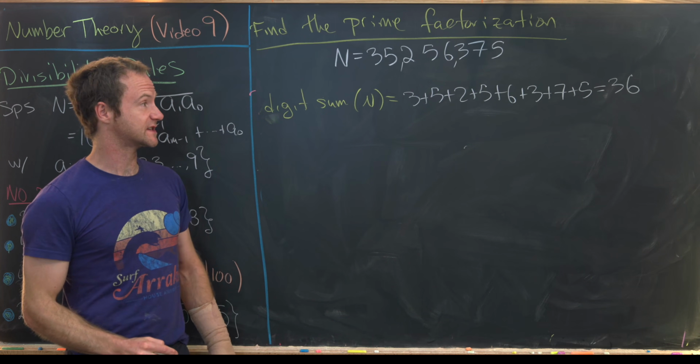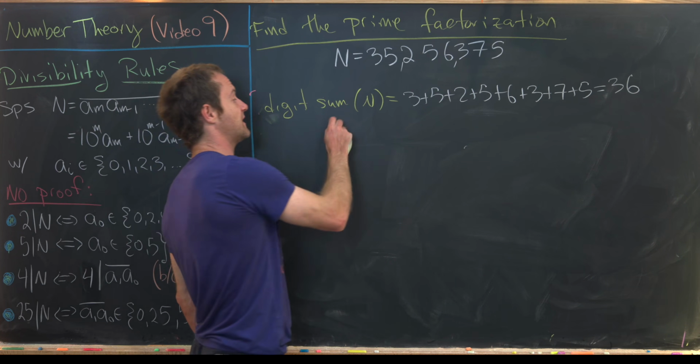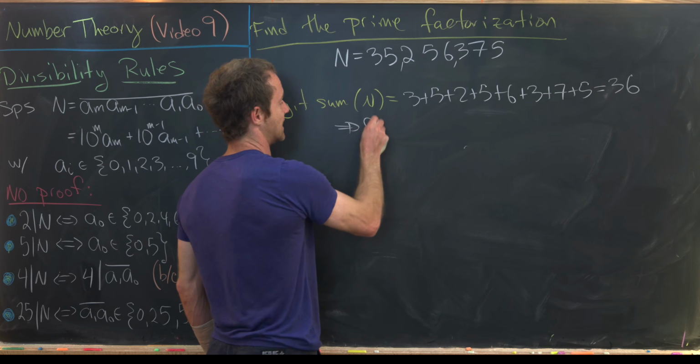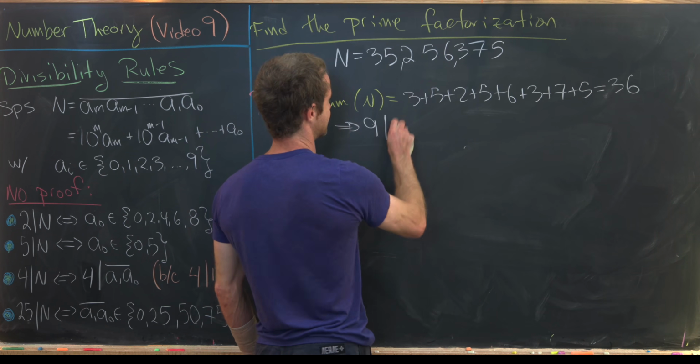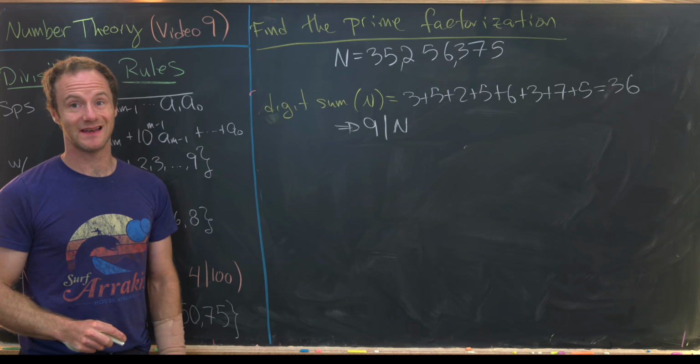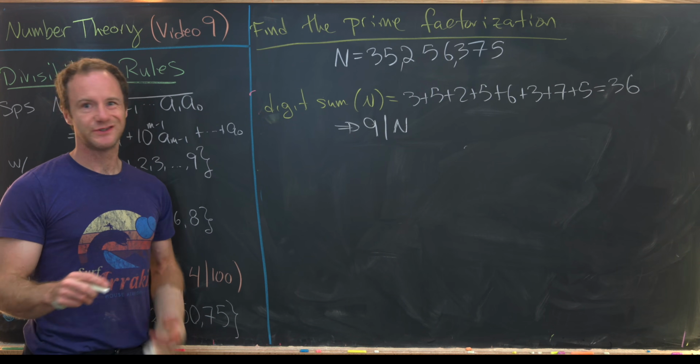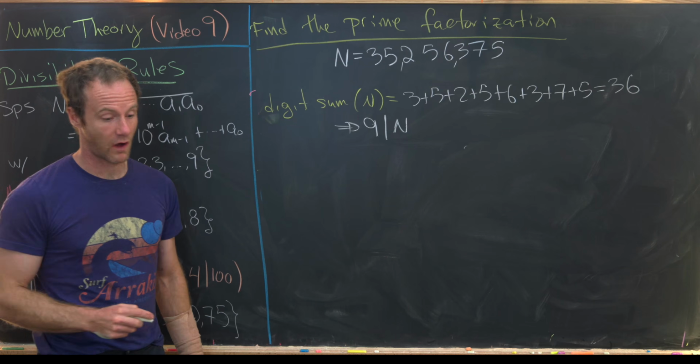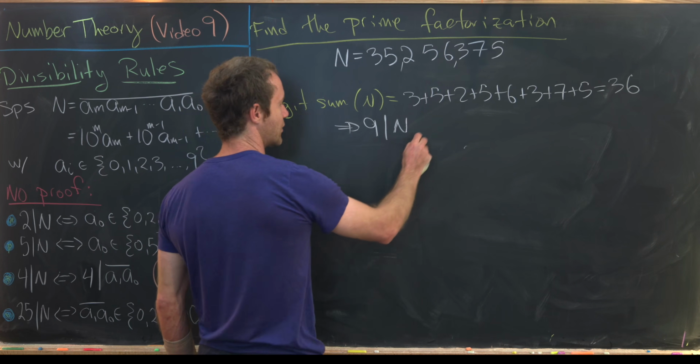Well, notice 36 is a multiple of 9, but that means that n is a multiple of 9. In other words, 9 divides n. So that means we should be able to divide 9 out of n. You would do that just with standard long division. I'll show what you end up with.